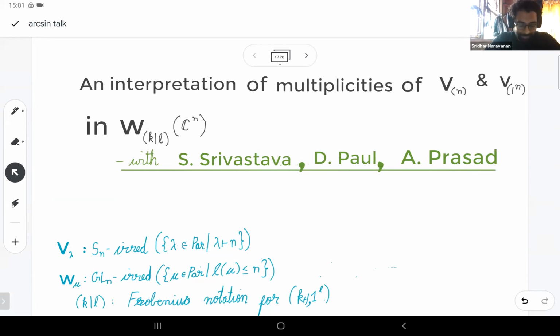An irreducible of GL_N is denoted by W_mu, where mu is a partition with at most N parts. We use the Frobenius notation to denote hook shapes. So the Frobenius notation K | L denotes the hook partition (K+1, 1^L).